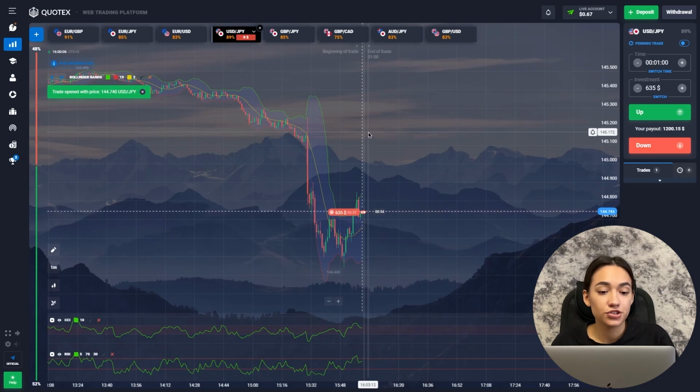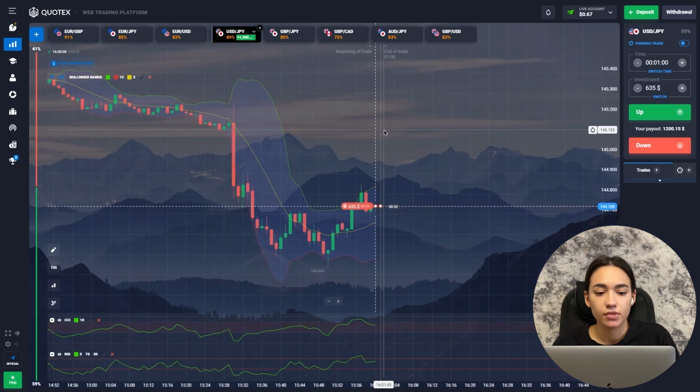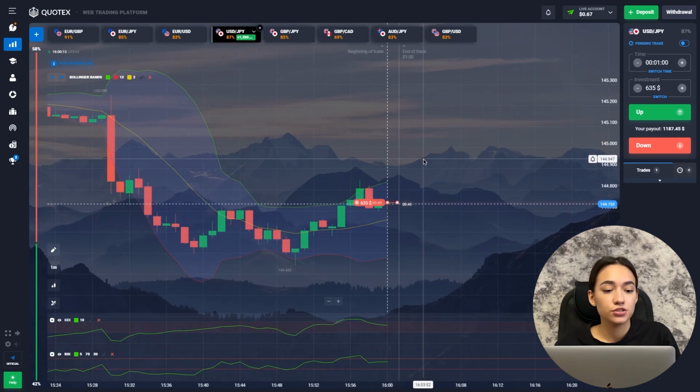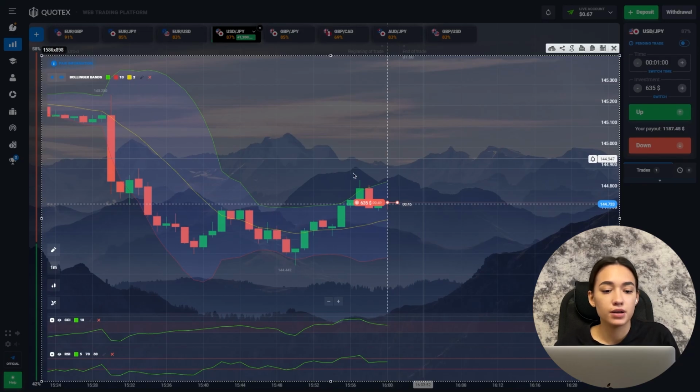Let's open a down trade here. I see a good entry point. And we have a touch of the upper Bollinger Band. Here we have a touch of the resistance area for this price corridor. The dynamics is downward in nature, after which the price rolled back, and I think the movement should go down.